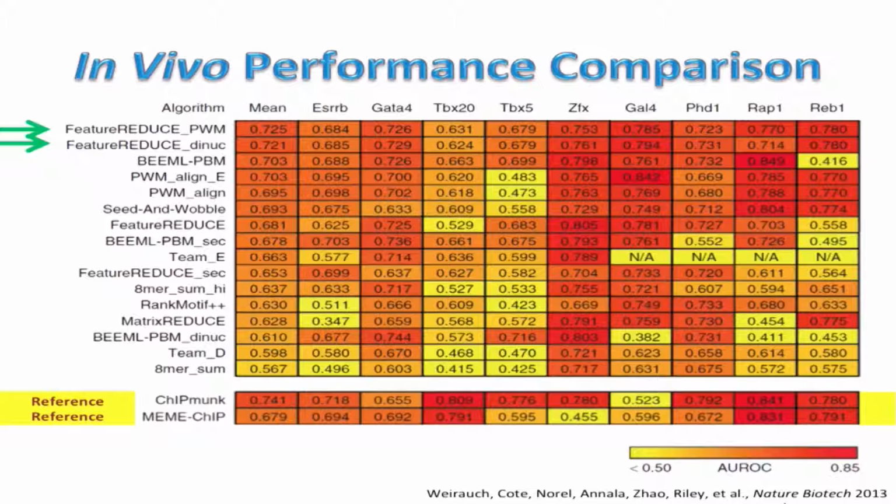But the nice thing is that the feature-reduced models that are trained on the PBM data get very similar scores to these reference methods when you create the UROC scores on test data.